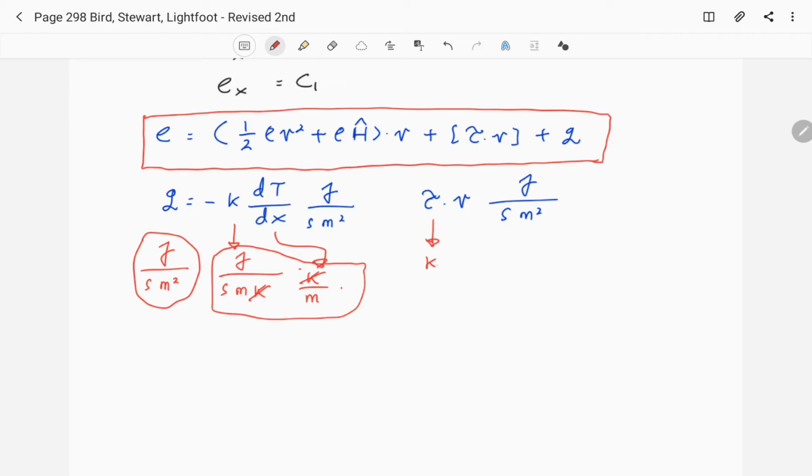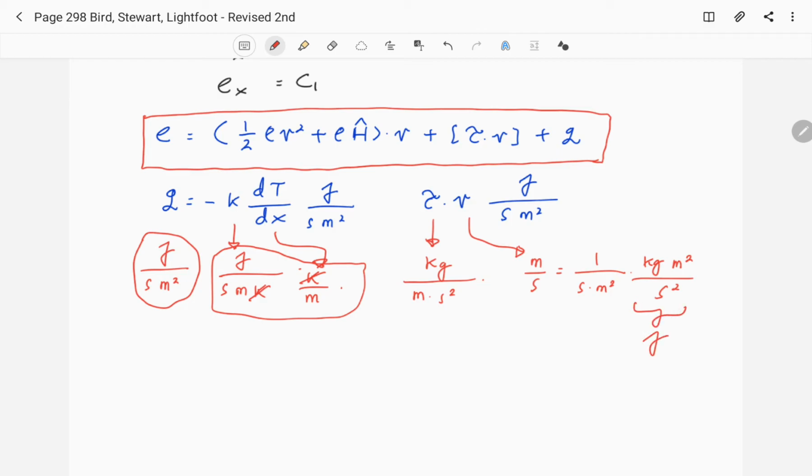Okay, and then this shear stress has a unit of kilogram divided by meter multiplied by second square, whereas this v is meter per second, so this will be equal to 1/2 kilogram meter square divided by second square, and this one should be equal to joule.